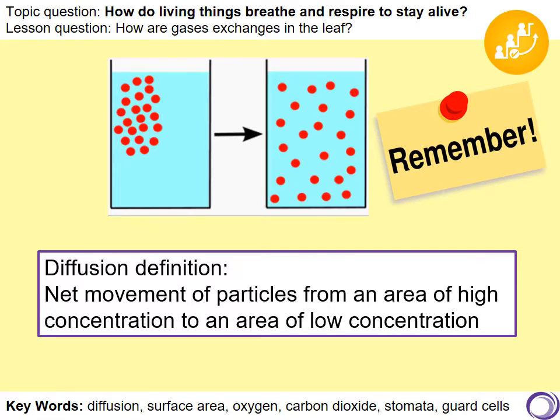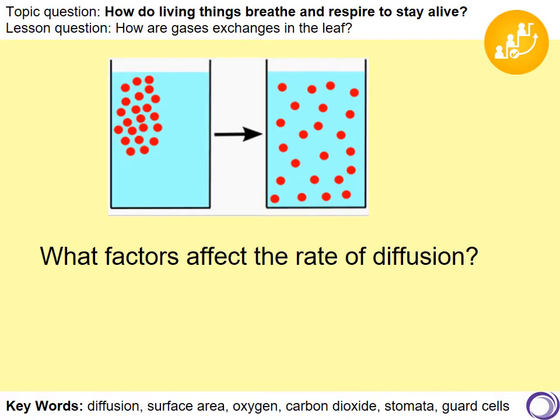That's great then. So thinking about the gas particles and how they move, what factors do you think will affect the rate of diffusion? So how fast the diffusion happens? I'm going to give you 30 seconds to think about that.